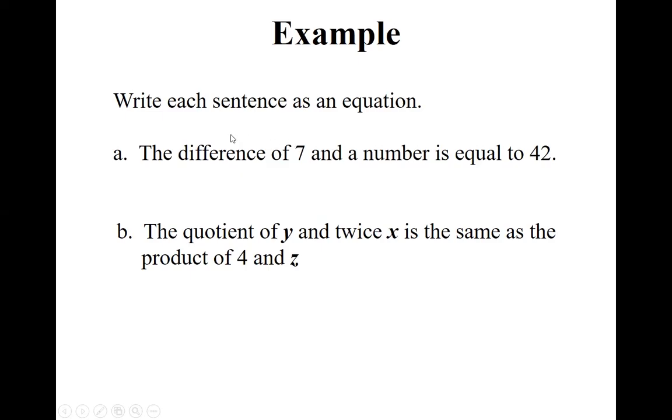And on the left, we'll have the expression for the difference of 7 and a number. Order matters when we are talking about differences. That's subtraction. The difference of this and that. 7 minus, and we'll use x for a number.